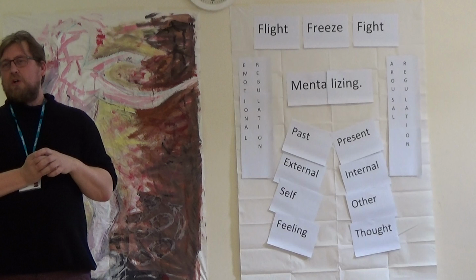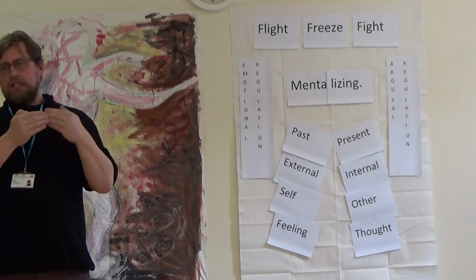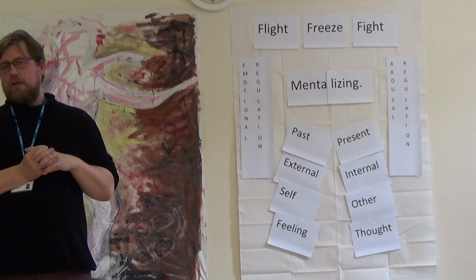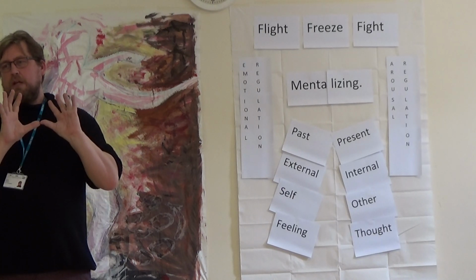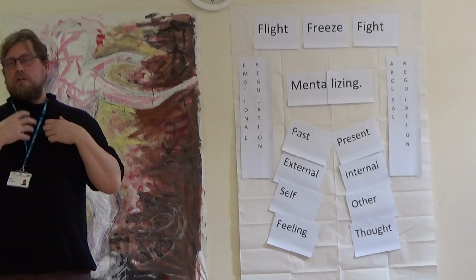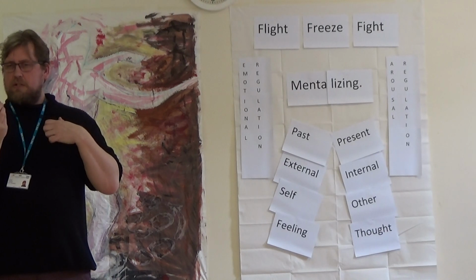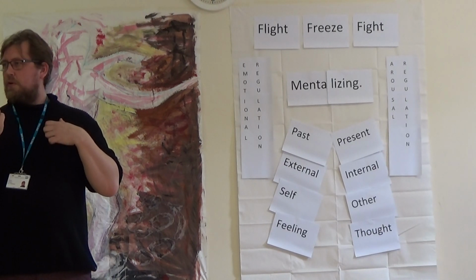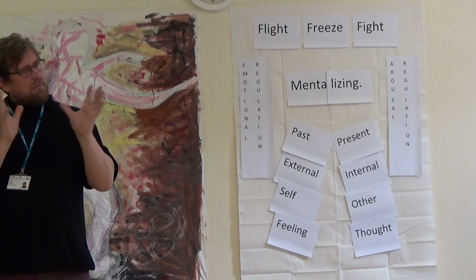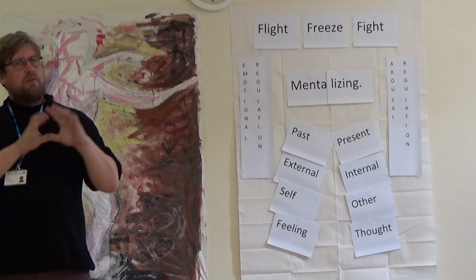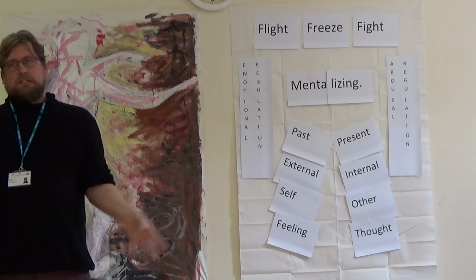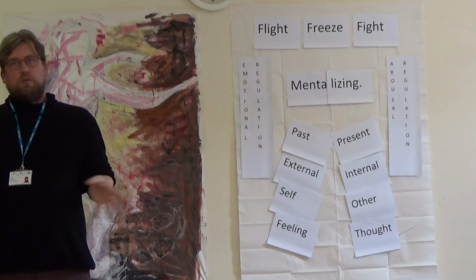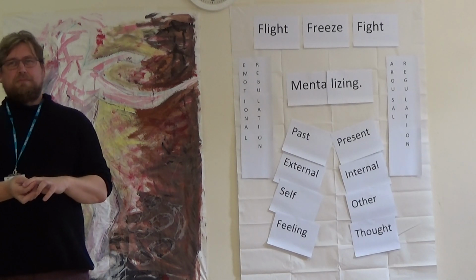It can also happen that people disconnect, so you can tell that they're not really engaged with what's going on, and they might be dissociating slightly. So there's a range of non-mentalising stances, and we all lose our mentalising sometimes.